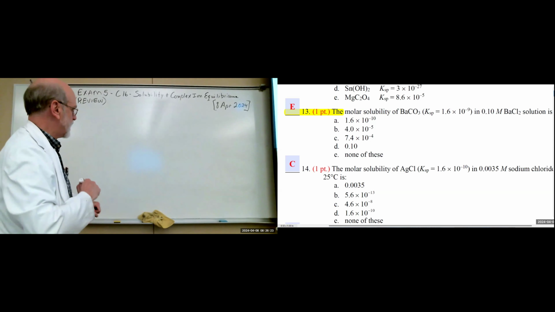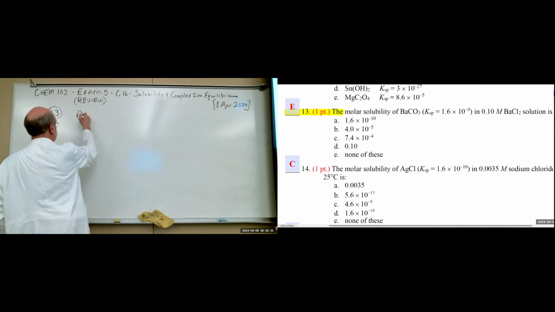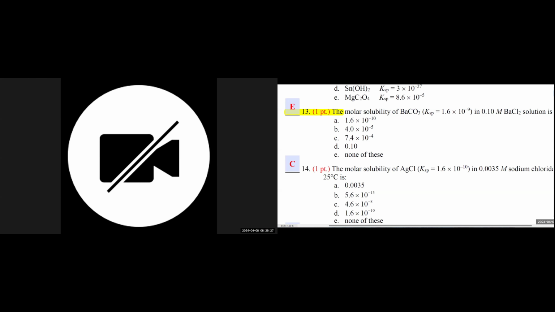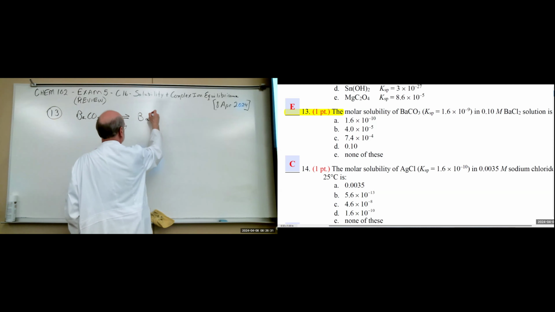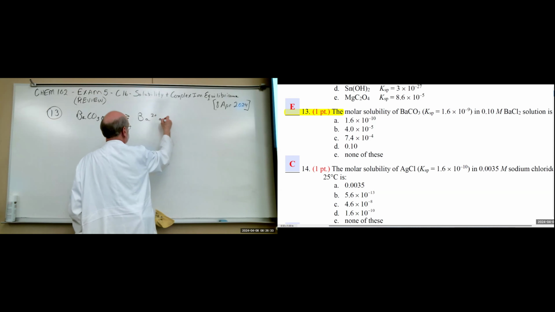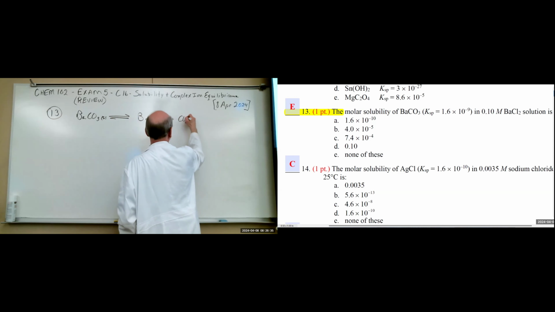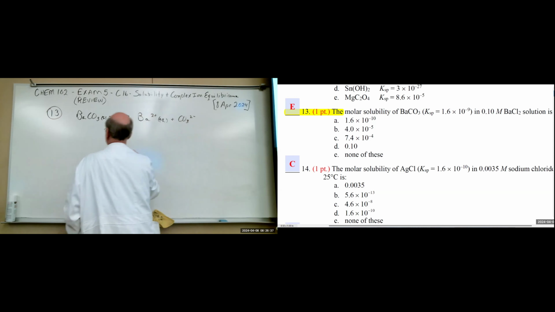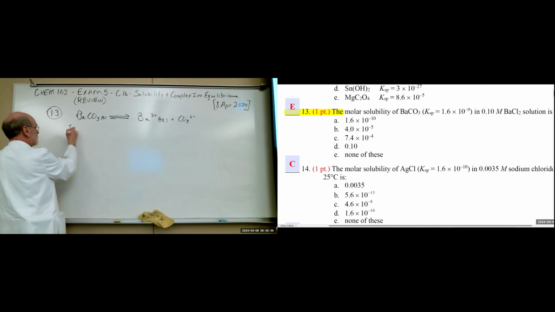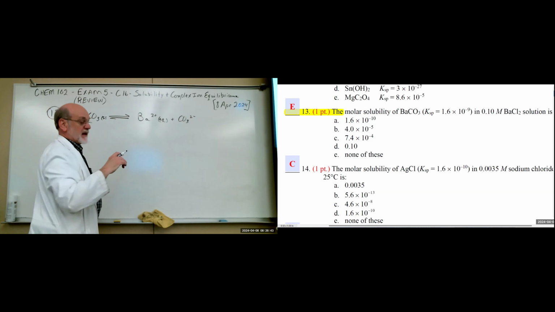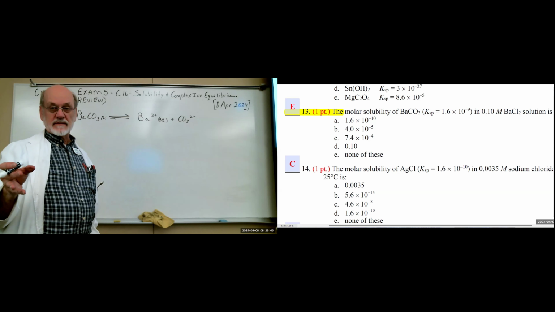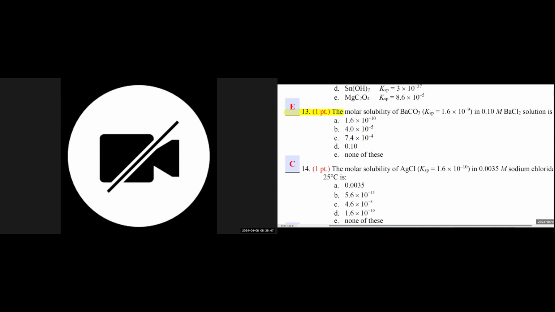All right, so here we have barium carbonate again. We're going to let it ionize in solution and set up our ICE table. This time we have a common ion, but chloride's not in there anywhere.